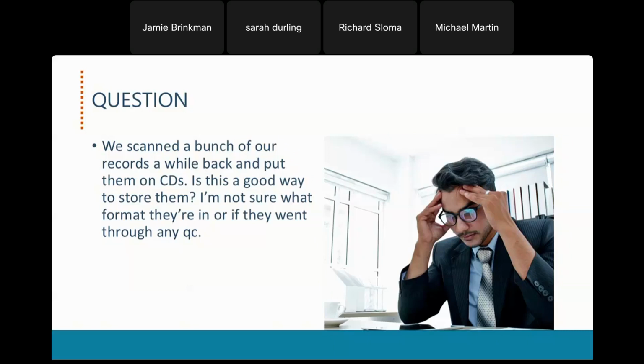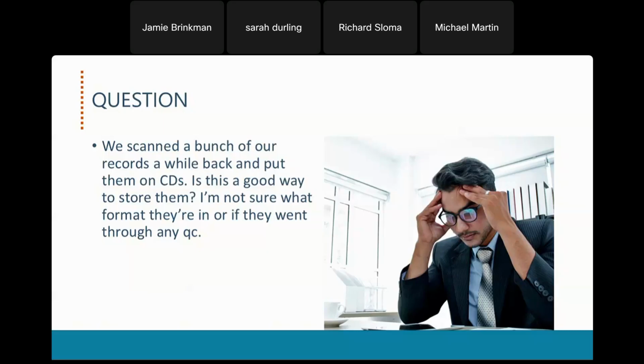Awesome. So you may have noticed on that requirements page that we at the State Archives recommend server-based storage for your electronic records, whether they're scanned or they were created electronically. So CDs and other removable media like thumb drives have limitations that are associated with their lifespan, and it's a lot shorter than you probably think.